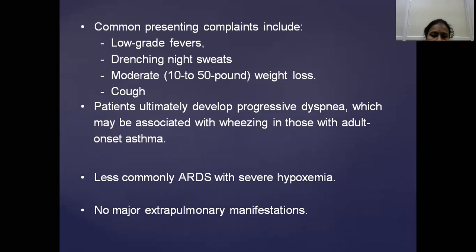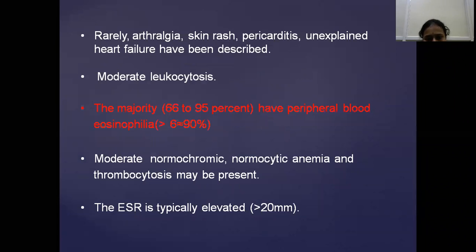Less commonly, some patients may develop ARDS with severe hypoxemia. Extrapulmonary manifestations do not commonly occur in chronic eosinophilic pneumonia, but rarely arthralgia, skin rash, pericarditis, and unexplained heart failure have been described.